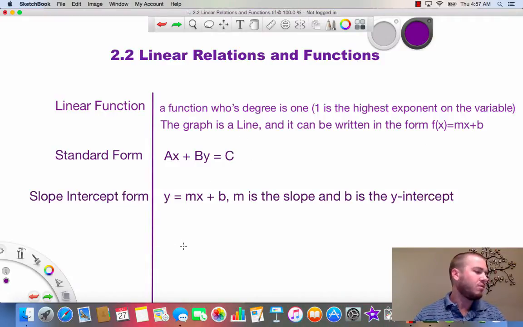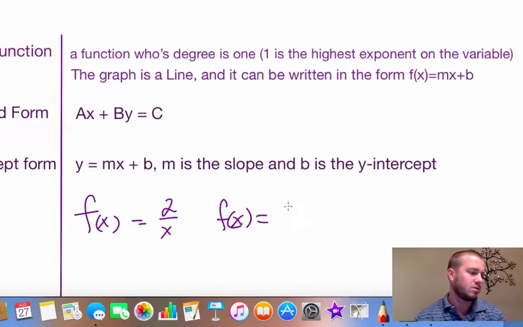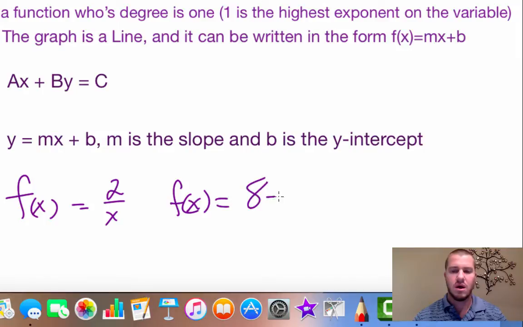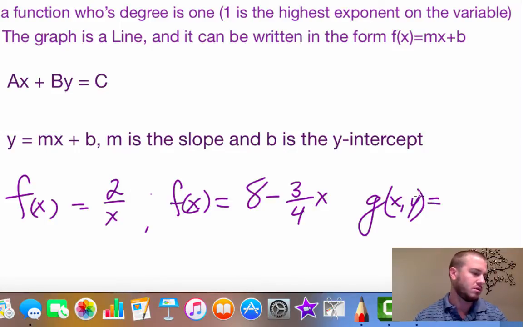So for example, I have f of x equals 2 over x, f of x equals 8 minus 3 over 4x, or we'll say g of xy equals 3xy minus 4.